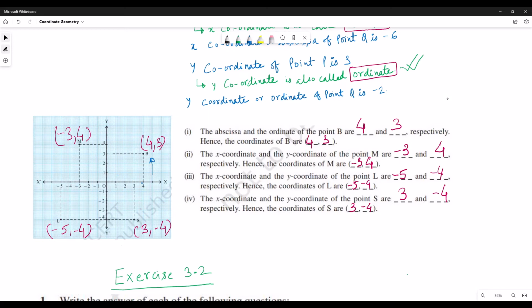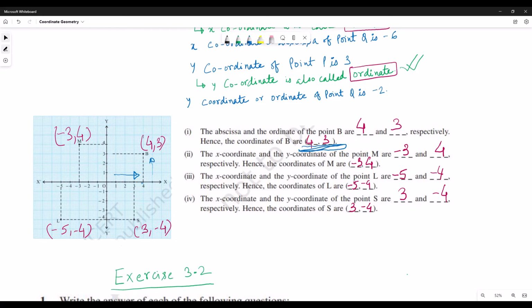This way we can find the point B. So the abscissa is 4 and the ordinate is 3. The x coordinate is 4, the y coordinate is 3. Hence the coordinates of B are (4, 3). This is the way we write the coordinates: first comes the x coordinate, next comes the y coordinate.